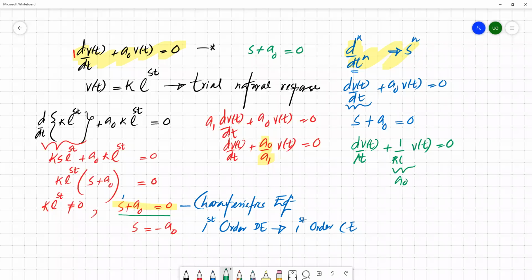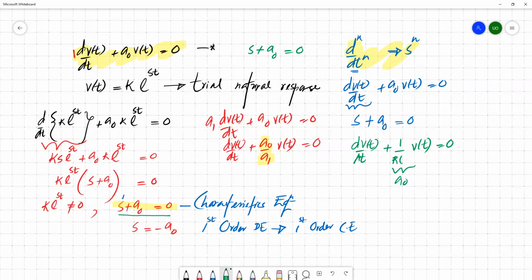If you deal with the exact values of the circuit, so if you know the capacitance and the resistance values of the circuit, then whatever differential equation you get is with these known quantities. So A naught is a known quantity if you know the values of the capacitors and resistors.